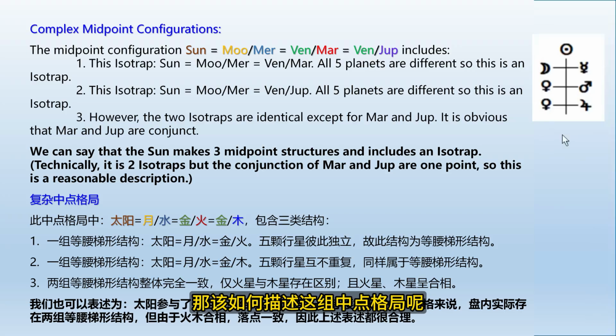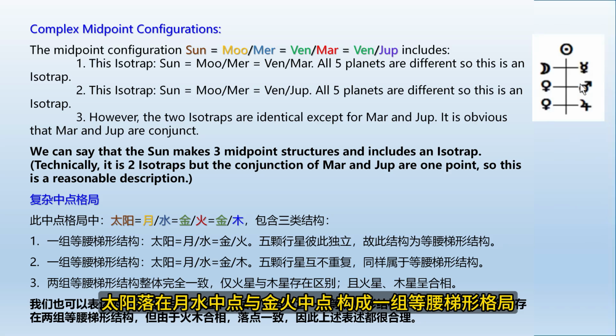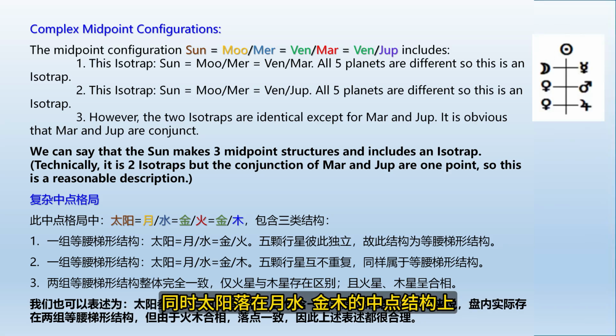So how would you describe this midpoint configuration? There are several different ways to describe it. Well, first of all, it has an isotrap. Sun at Moon, Mercury midpoint, and Venus, Mars is an isotrap. All five are different. There's also the Sun at Moon, Mercury, Venus, Jupiter. If you remove Venus, Mars, and just think about Moon, Mercury, Venus, Jupiter, that is an isotrap.